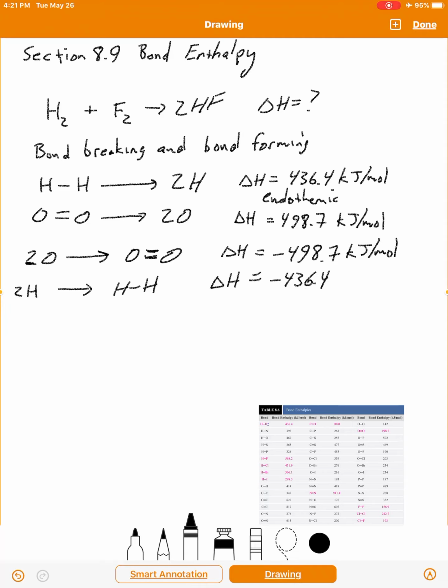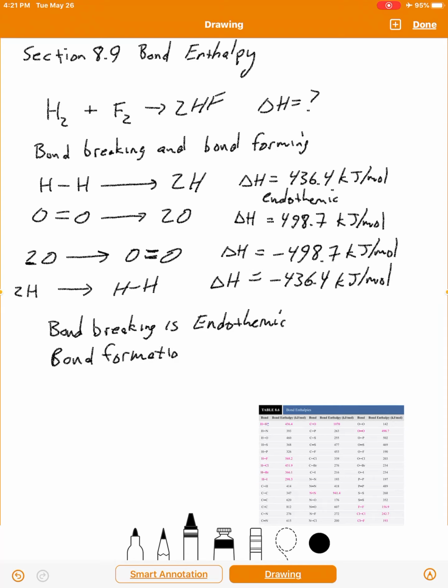Isn't that cool? Exothermic process. So we're going to sum this up by saying that bond breaking is endothermic, bond formation is exothermic.